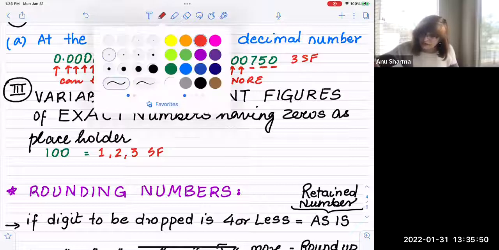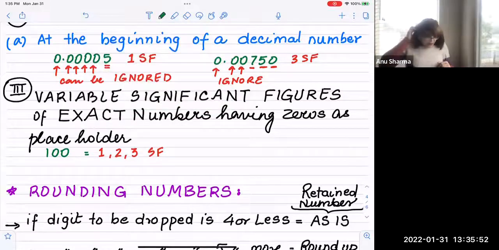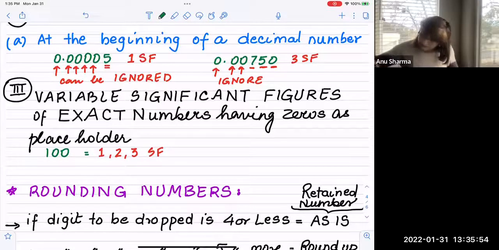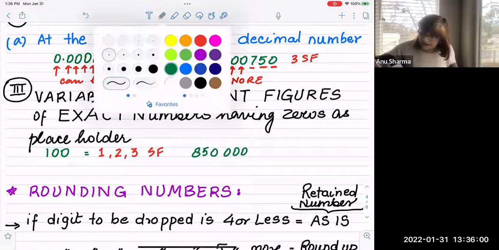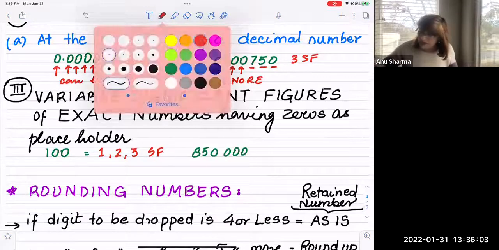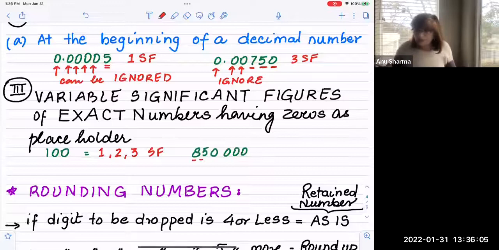If you have a number such as 850,000, in this case, you have 1, 2 for sure, but then 3, 4, 5, 6 are all variable.